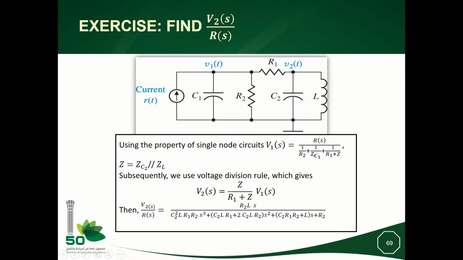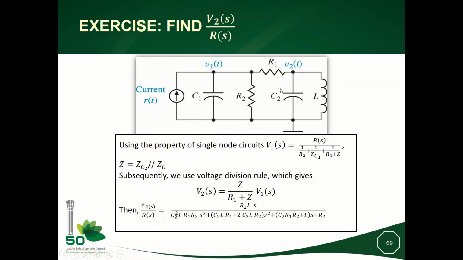So this is why I will apply the rule of current division. The common voltage will be equal to the sum of the currents divided by the sum of the inverse of the impedances. So here I have 1 over R2, and here 1 over ZC1.